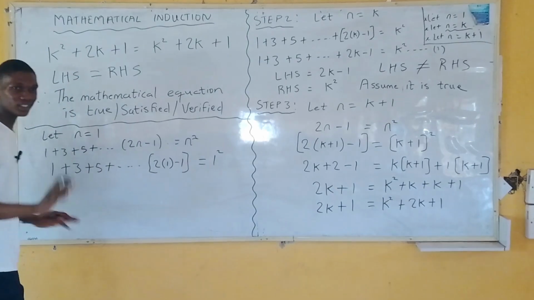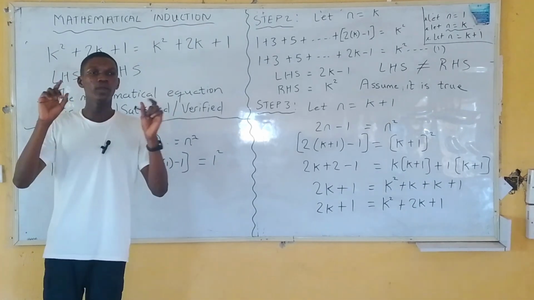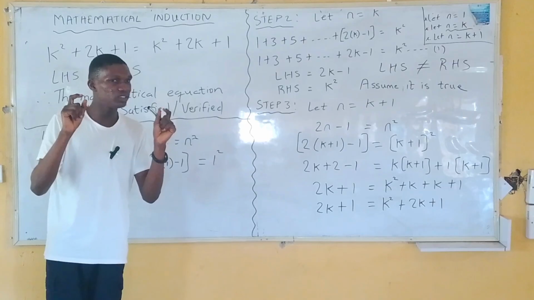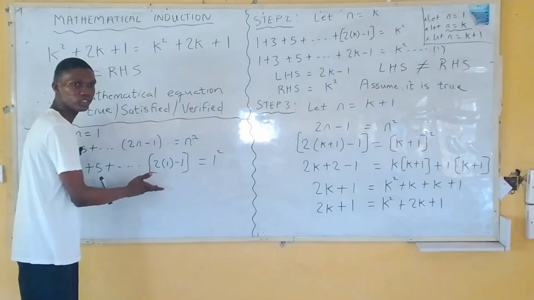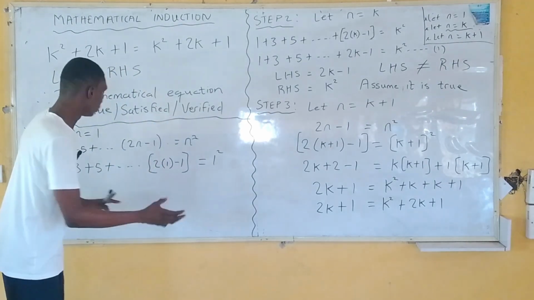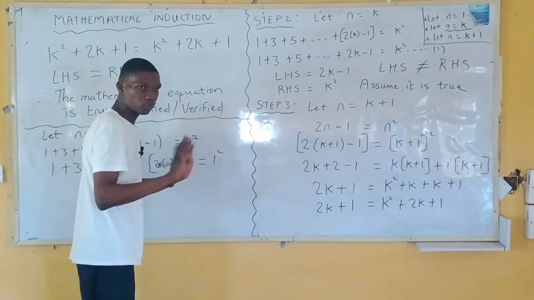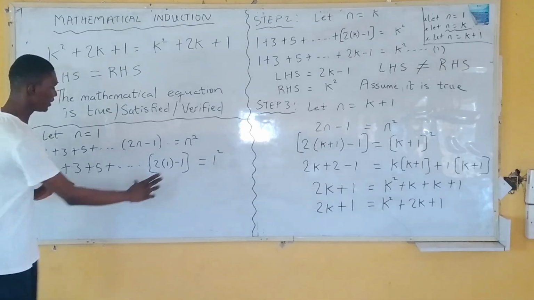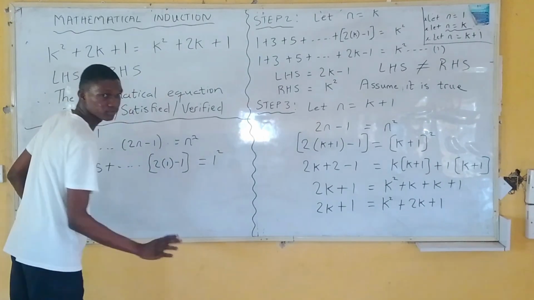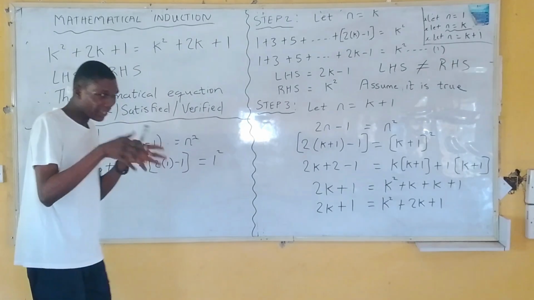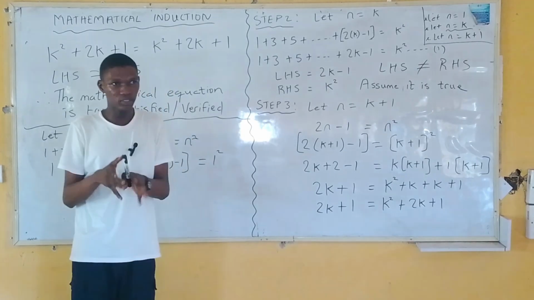So mostly we are very particular about the mathematical expression on the left hand side and on the right hand side. That's what we are very particular about. So we are talking about this and this, where we inputted our n. That's what we are using, right?